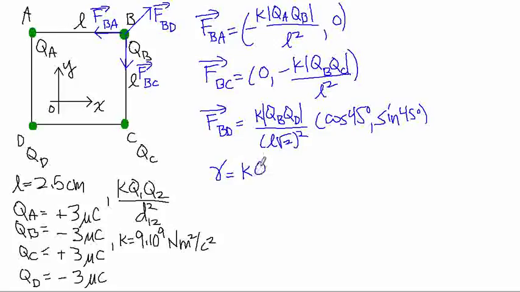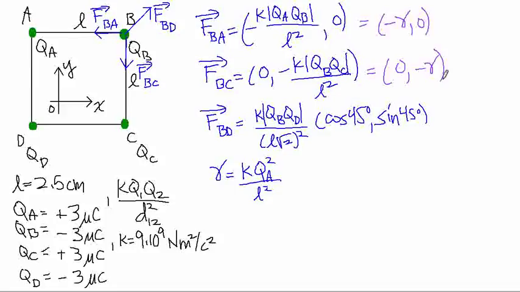Gamma is equal to K times QA squared over L squared. So notice that by doing that, I can write F sub BA as minus gamma comma 0. All right, because again, the product of QA and QB, the absolute value of that is equal to the square of QA, because all the charges have the same absolute value. F sub BC, that's equal to 0 comma minus gamma.